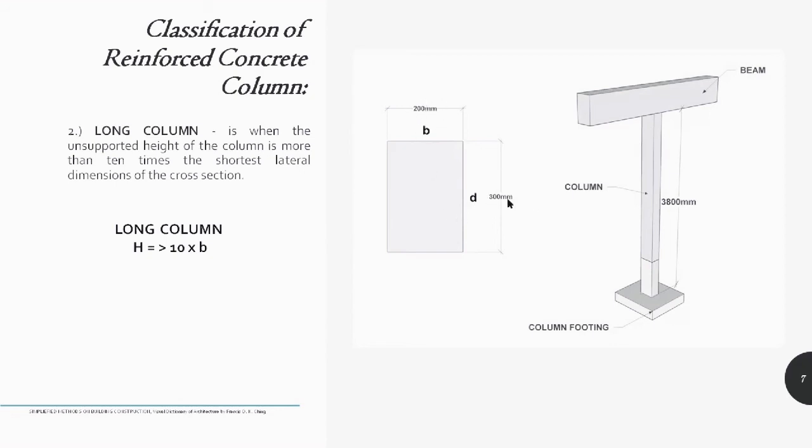The shortest lateral dimension of the cross-section is 200 mm, meaning the height of 3,800 millimeters is greater than 10 times the shortest lateral dimension, which is 200 mm. So, the total height, which is 3,800, is greater than 2,000 millimeters. So, this is considered as a long column.